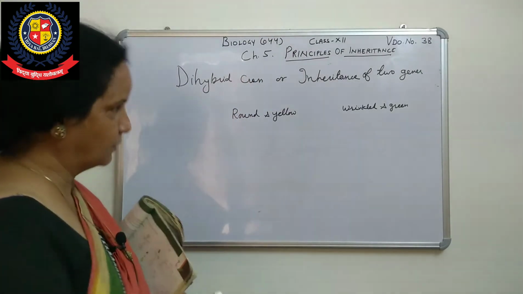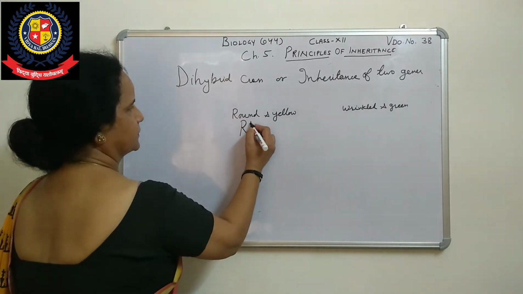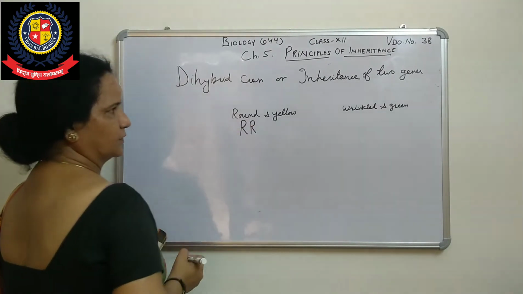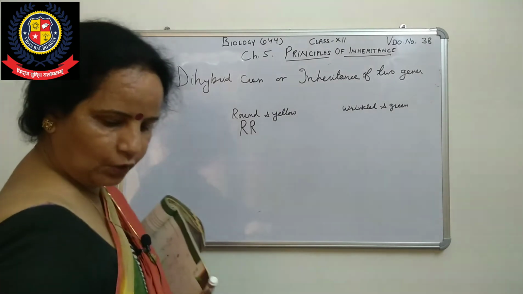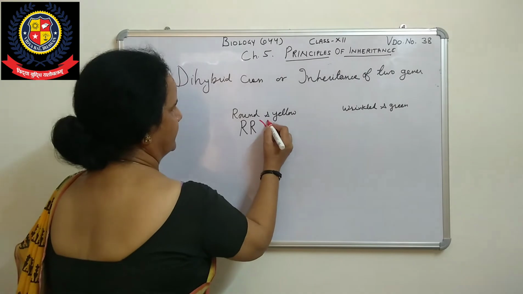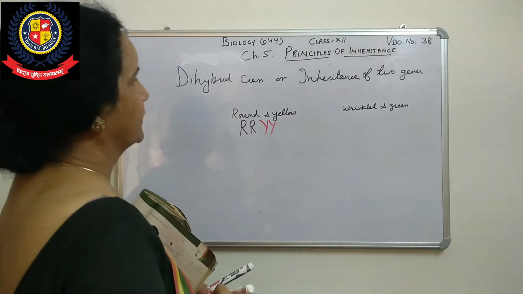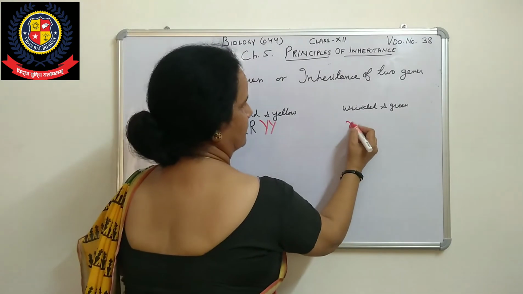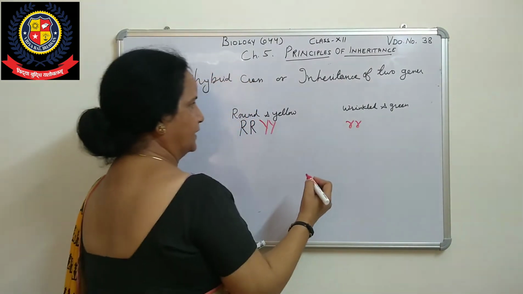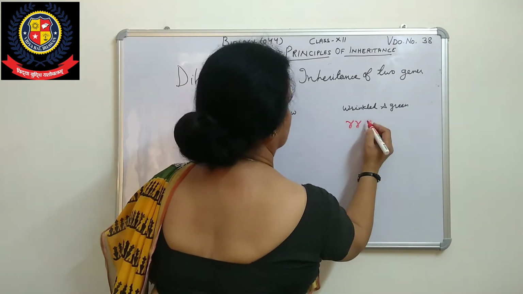Here we can say round is capital R, that is dominant. And we are showing yellow. Yellow is dominant, so here we will write Y for yellow. Now wrinkled is recessive and green is recessive.